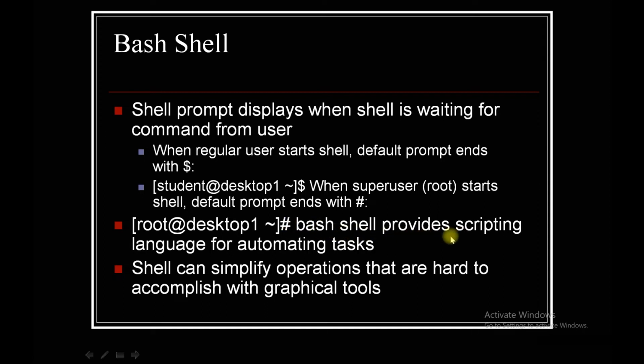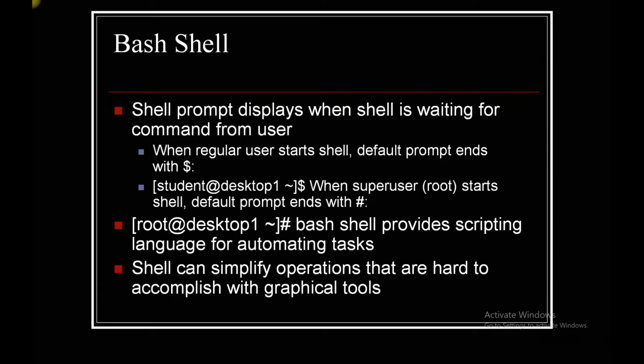Bash shell provides a scripting language for automating tasks. Shell can simplify operations that are hard to accomplish with a graphical tool. Basically, why do we use the command line? Because the command line is easier to execute and takes less memory compared to a GUI. Let's say you have many servers hosted in the US or another country, and you are accessing them from India.